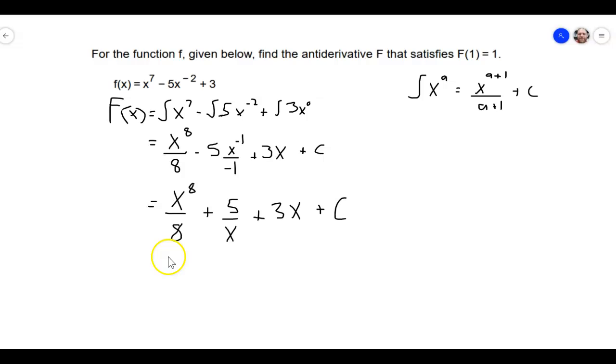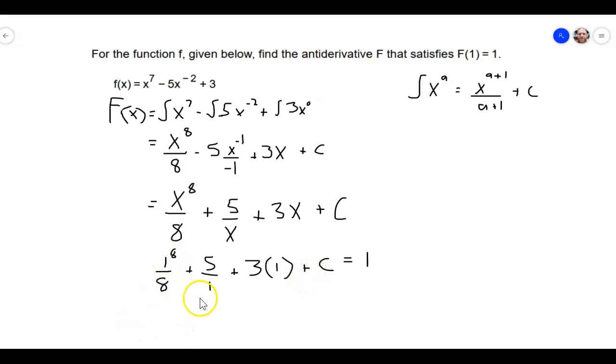So 1 to the 8th power is 1, over 8, plus 5 over 1, plus 3 times 1, plus c. This should all equal 1, and that'll allow me to solve for c.